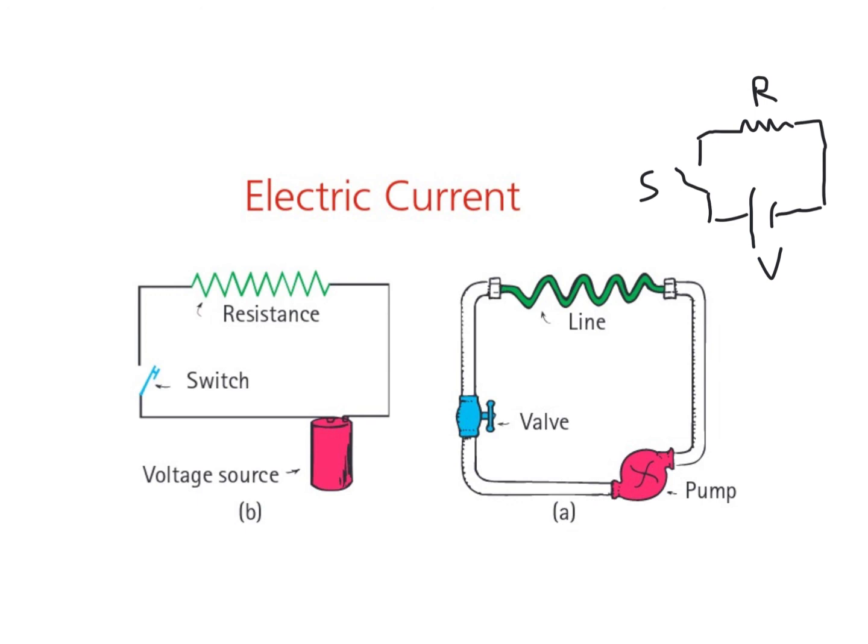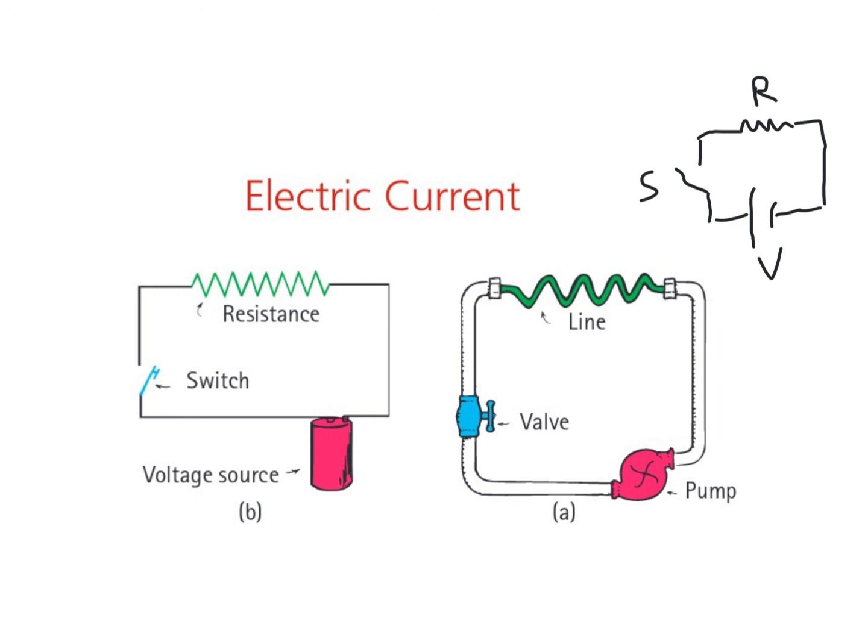Now, I've been using this word resistance and I haven't really explained what it means. Different materials respond differently to the flow of electricity. Some materials let electricity flow easily, and we call those materials conductors. A conductor is a material that allows charge to flow freely through it.